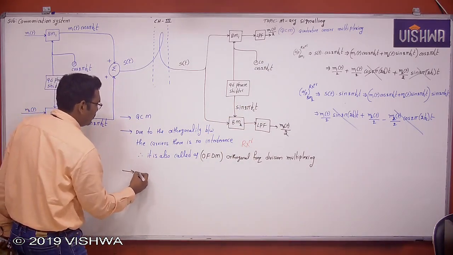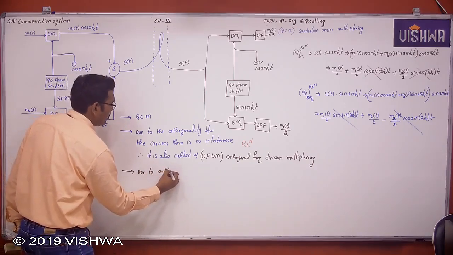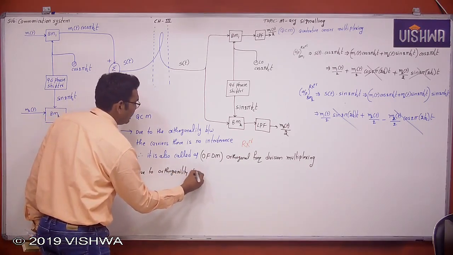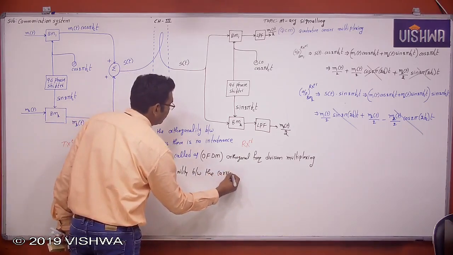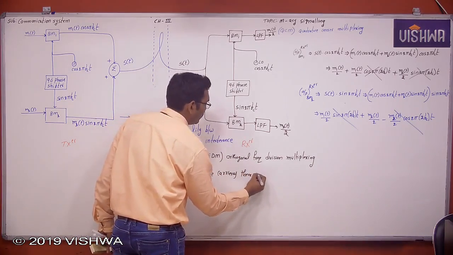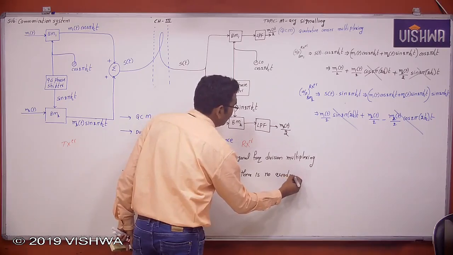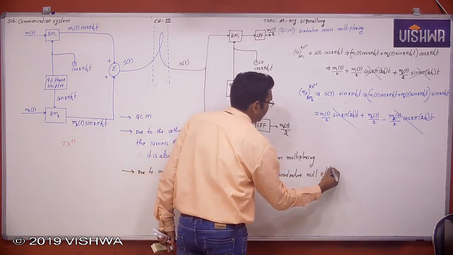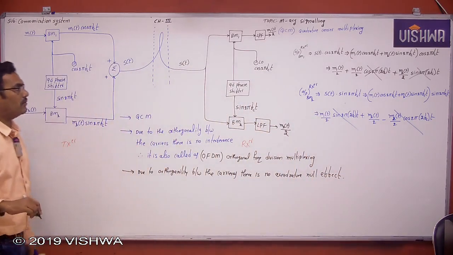Therefore, due to orthogonality between the carriers, there is no quadrature null effect. Okay, note down.